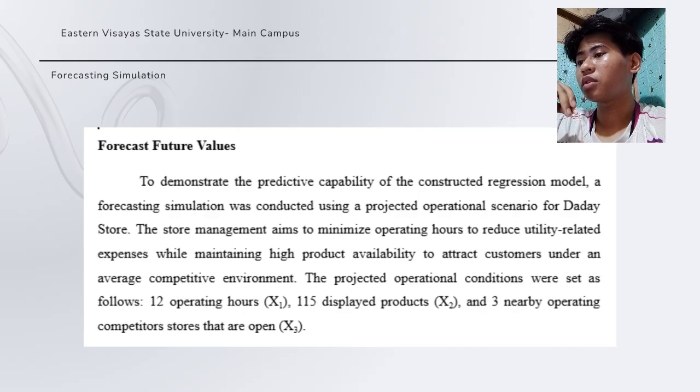So the projected operational conditions were 12 hours of operation, or X sub 1, 115 displayed products, X sub 2, and 3 nearby operating competitor stores that are open, or X sub 3.